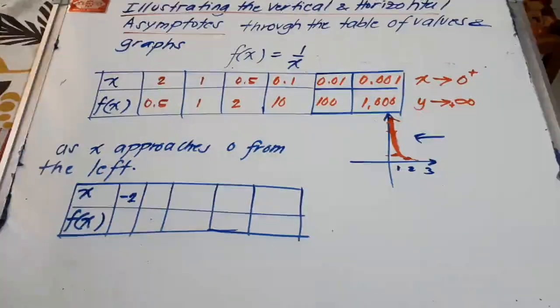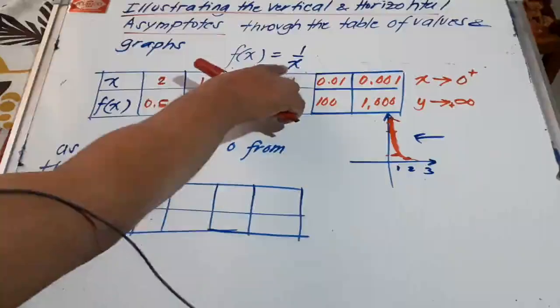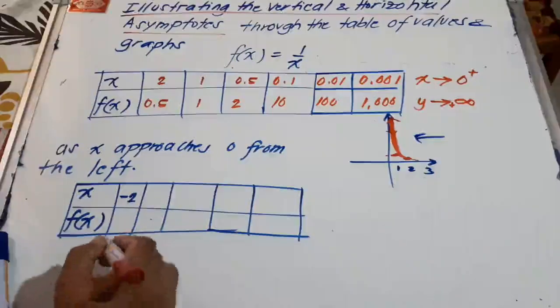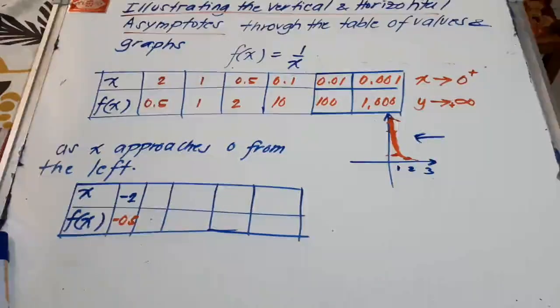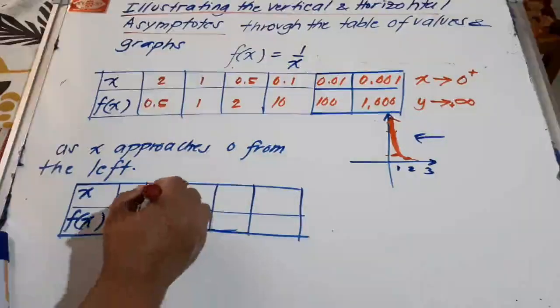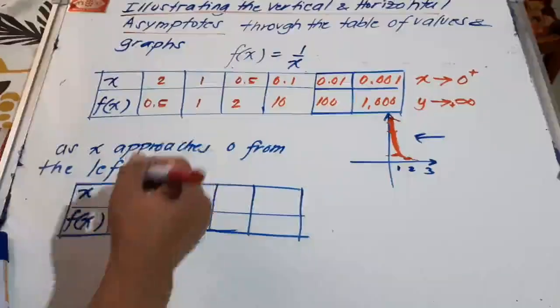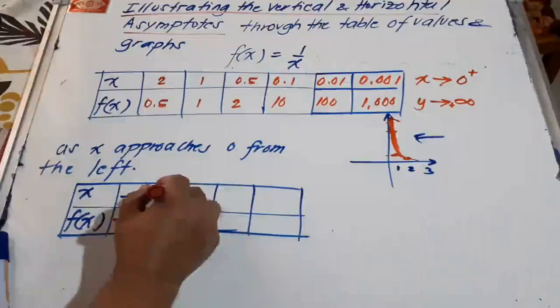If x is negative 2, the value of f of x will be negative 0.5, okay? If x is negative 1, f of negative 1 is negative 1 also, okay?